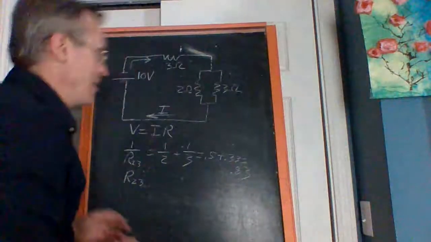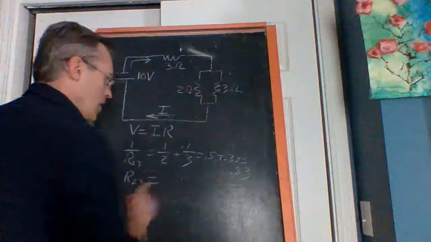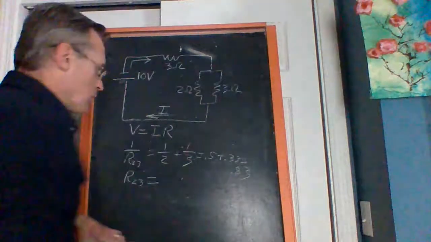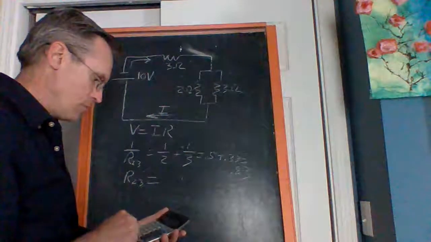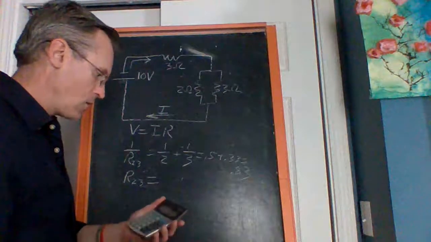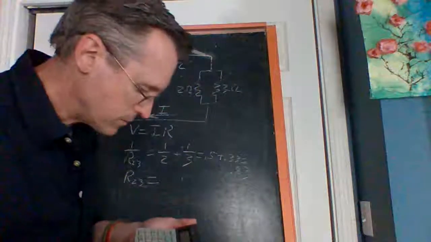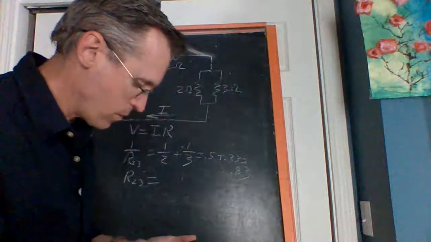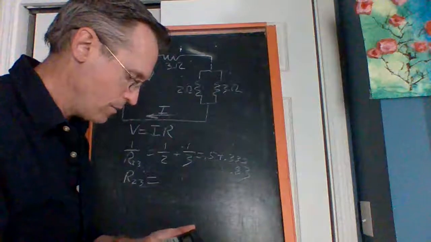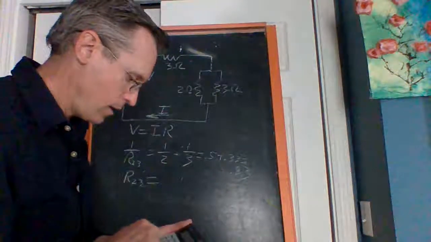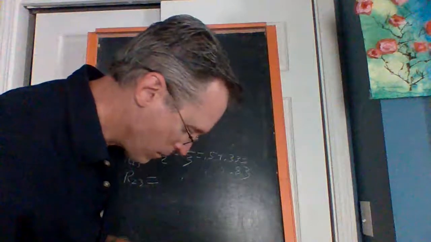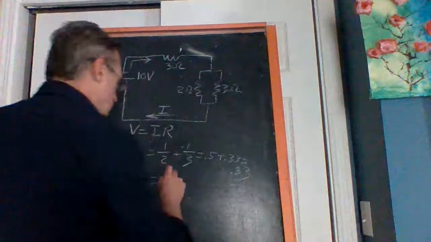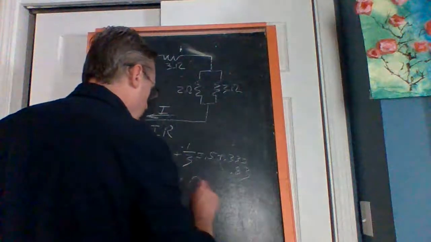But anyway, that's 0.83, 1 over 0.83. 1 divided by 0.83 is, whoops, I did it wrong. 1 divided by 0.83 is 1.2 ohms.